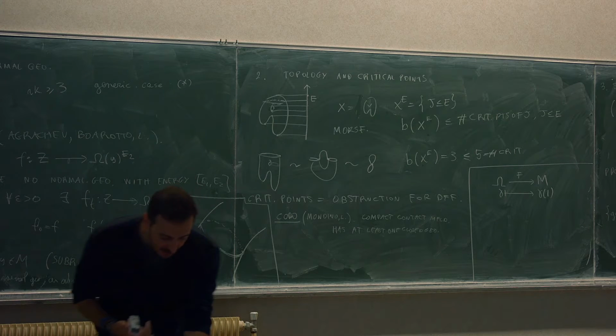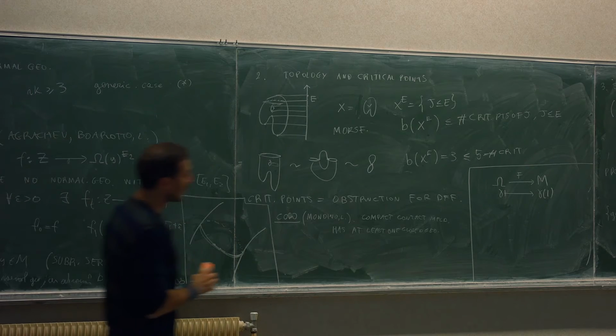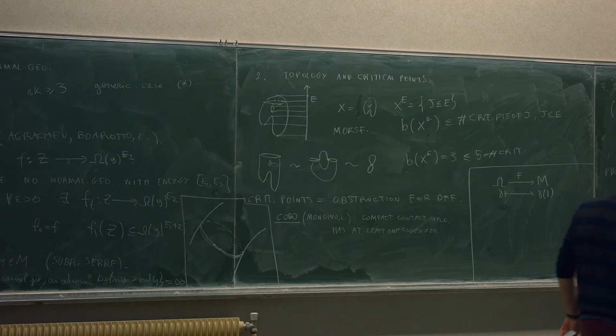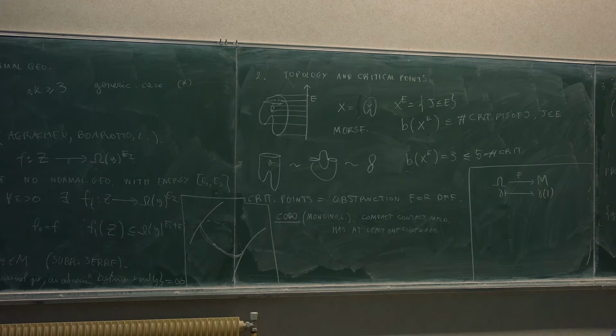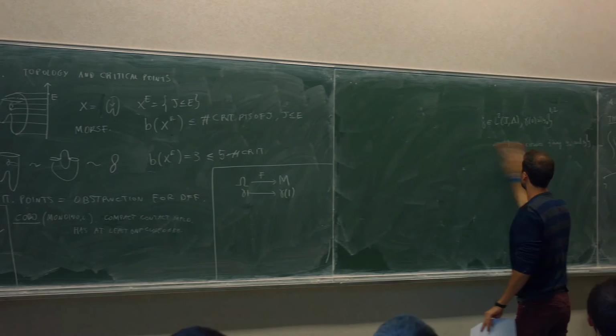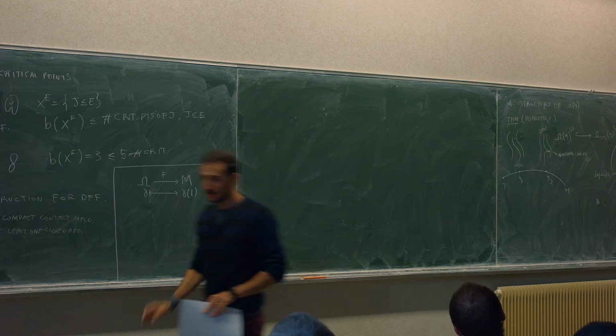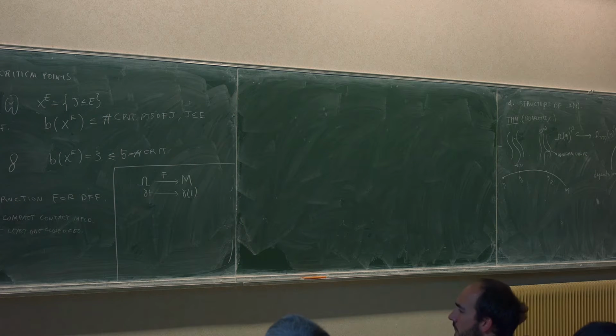So maybe the motivating example, let's erase this blackboard, is to look at what happens in maybe the simplest non-Riemannian sub-Riemannian manifold, the Heisenberg group.